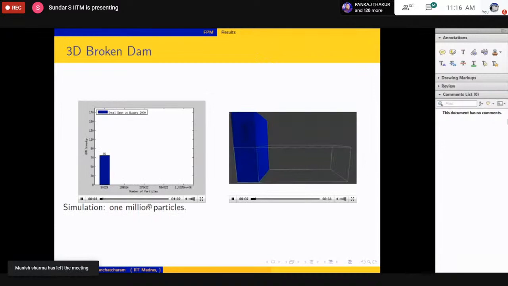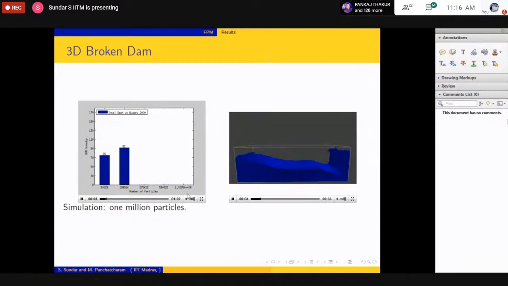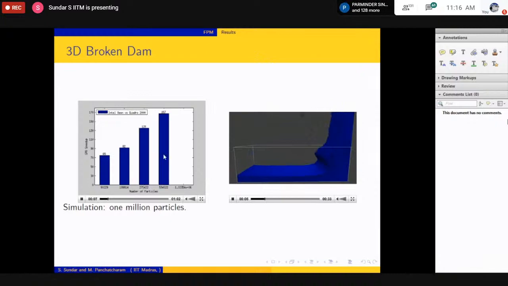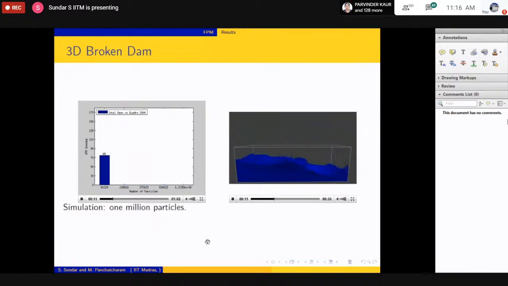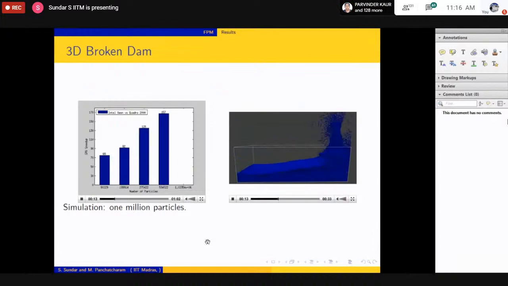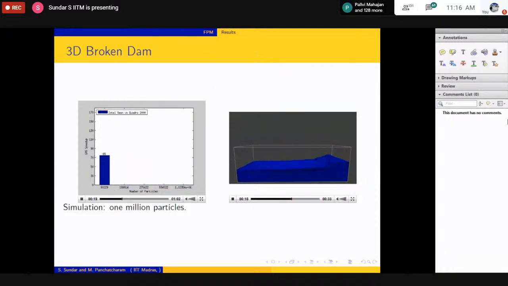I have taken almost 1 million particles here. It has to be computed in real time. All these are our computations on the GPU, with the FPM on the incompressible Navier-Stokes equations along with the appropriate boundary conditions, using Chorin's projection.